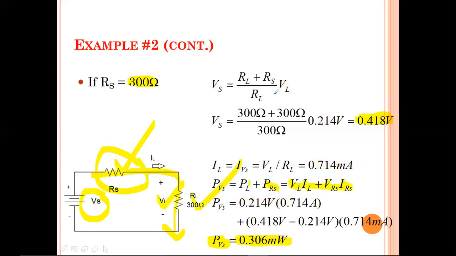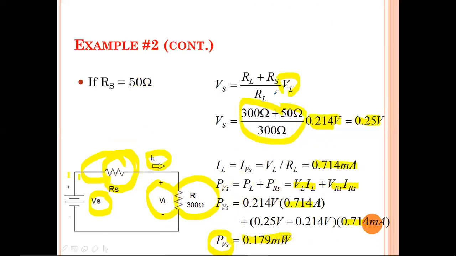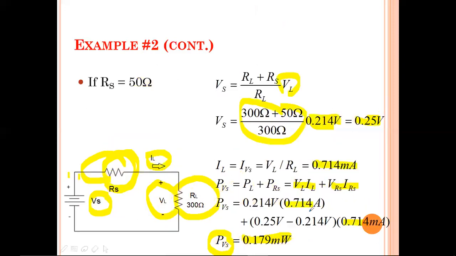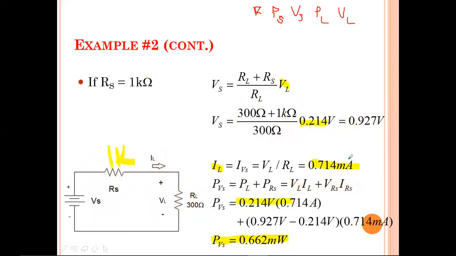In the initial stage, my resistance is 0 ohms. While the resistance is 0 ohms, the power is 0.153.